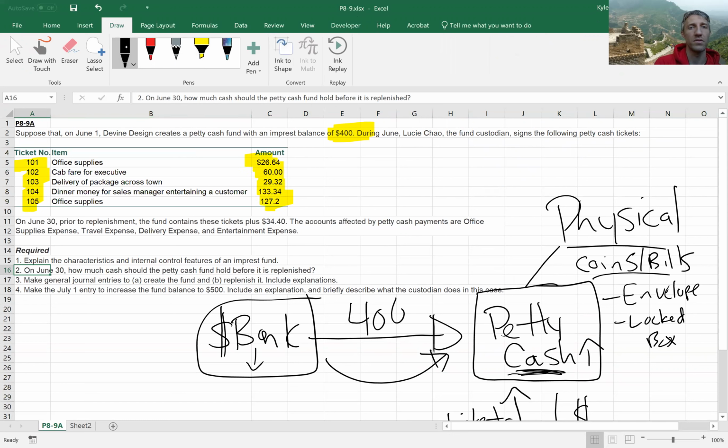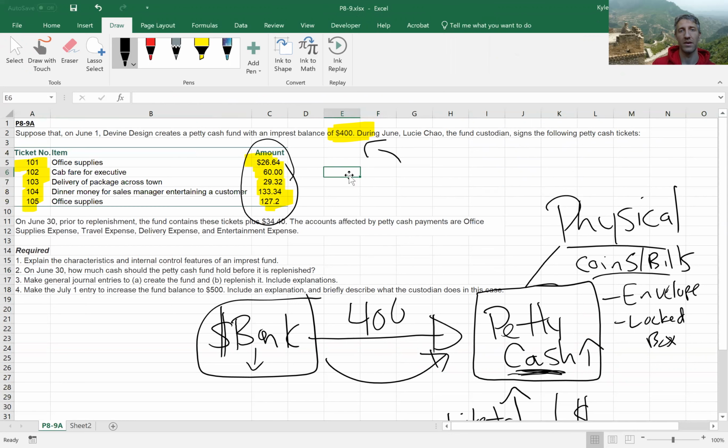The total of these expenditures plus the cash should equal $400 because that was the target balance. So I'm going to add these together. And I'm going to just do it in a cell right here. 26.64 plus 60 plus 29.32 plus 153 plus 127.